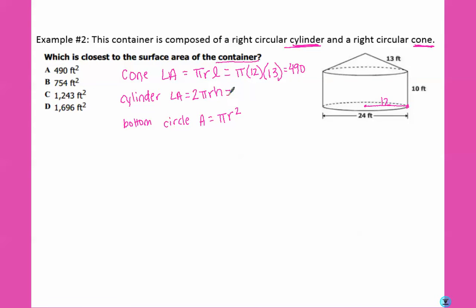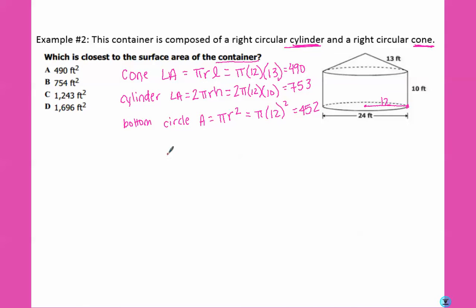For the cylinder, I'd have 2 times pi times 12 times 10, which gives me about 753. And pi times 12 squared is about 452.